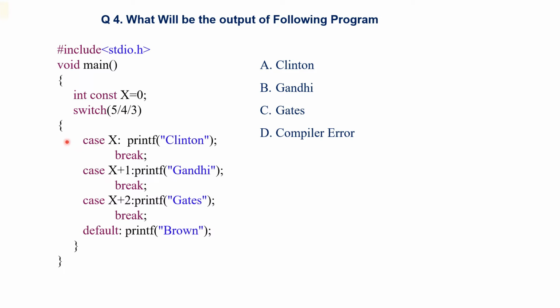Therefore, each case statement will generate a compiler error in this program, and hence there will be no output for this program. So the correct option for this program is option D, that is compiler error.